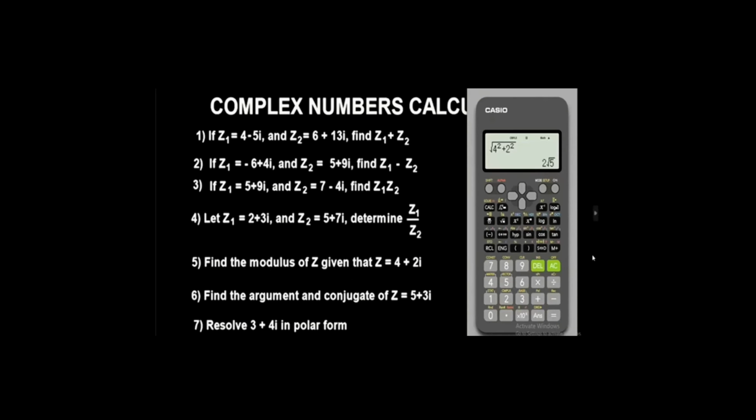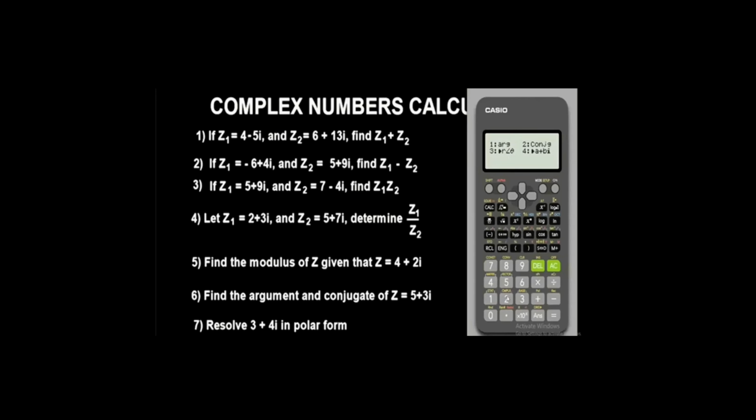Very, very simple. Now let's solve question 6, to find the argument and conjugate of the complex numbers. Pay attention here, guys. To bring out arguments, you press shift and button 2. When you look at button 2 closely, there is complex on top of it. So you press shift on this button, button 2. These options will come out for us.